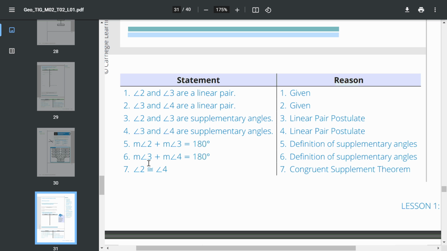From before, we would have also talked about the substitution property, saying that the measure of angle 2 plus the measure of angle 3 equals the measure of angle 3 plus the measure of angle 4.